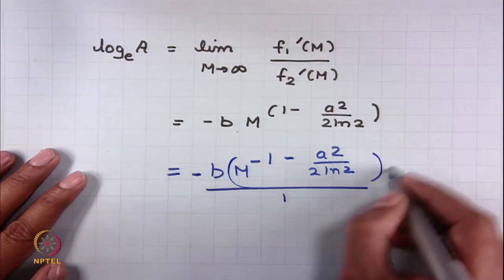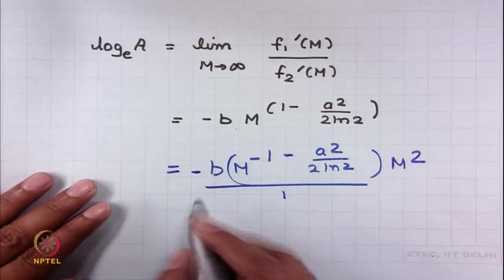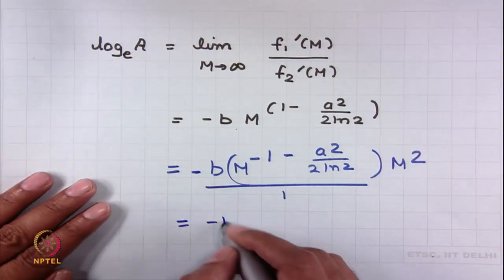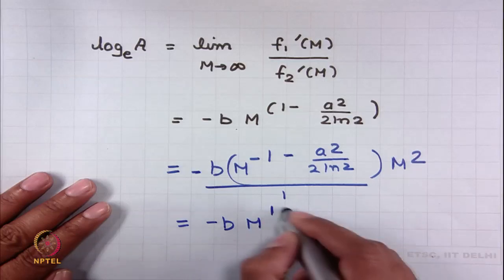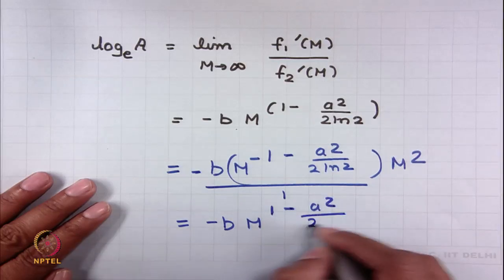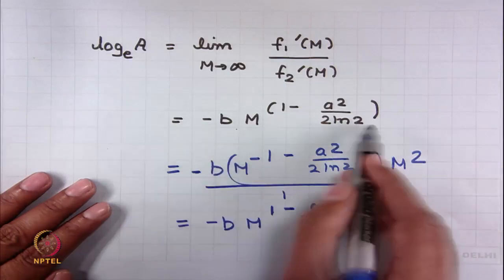So, we can have m square here. So, this is simply minus b m to the power 1 minus a square by 2 ln 2, okay, this thing.